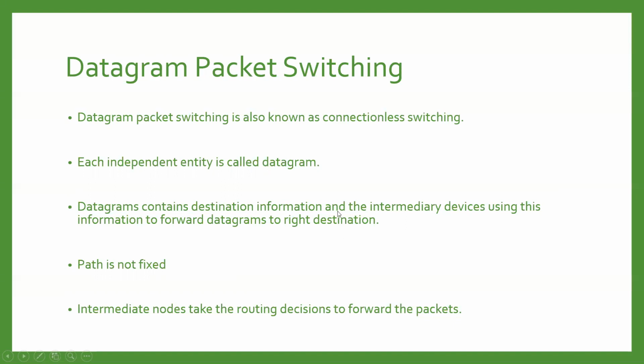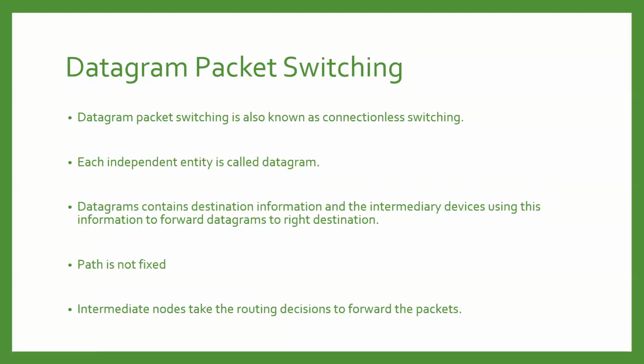Now, by using this information, the destination and source information available with the sequence number, the intermediary router will use this information to forward that particular datagram to the next intermediary node. Now, who decides the path?